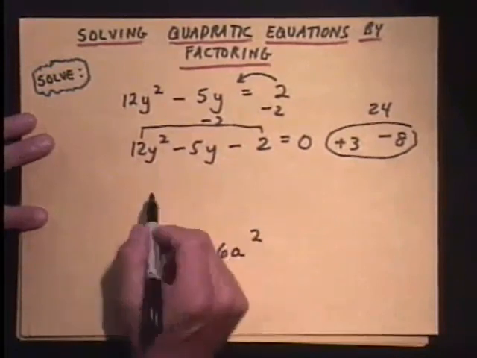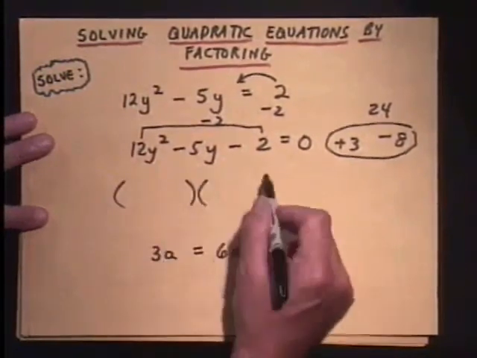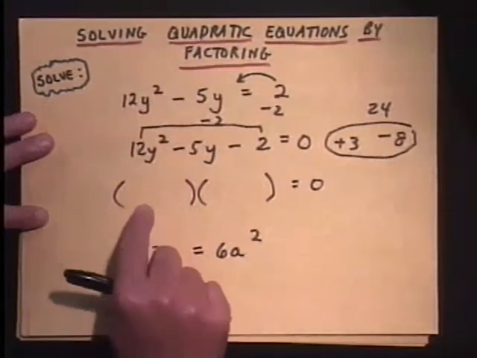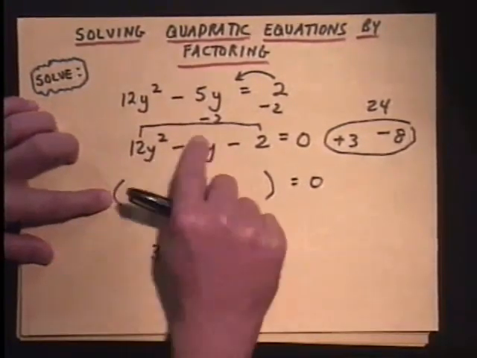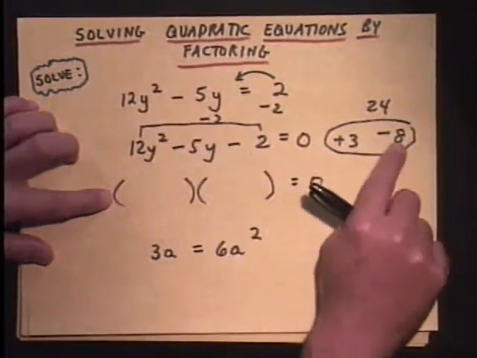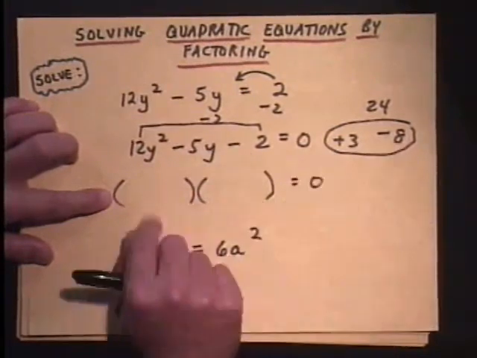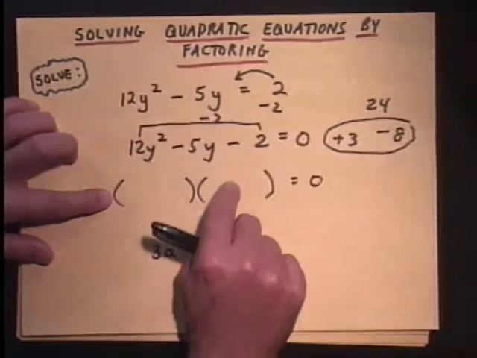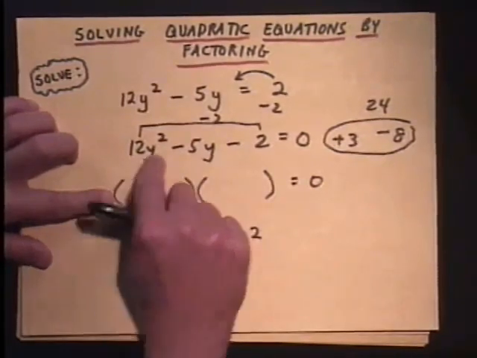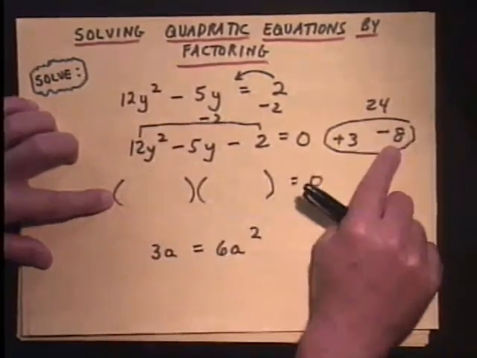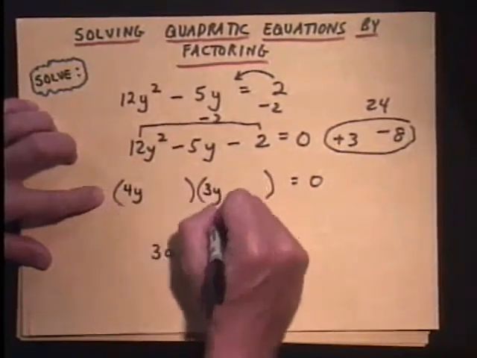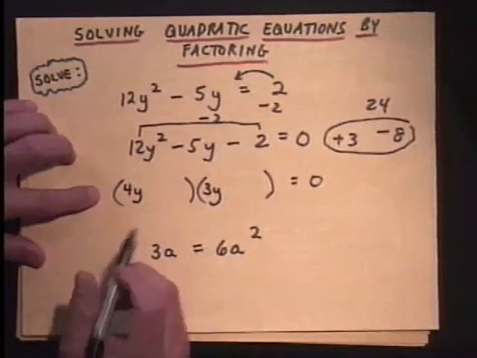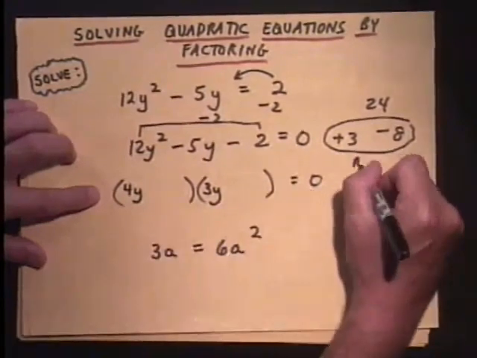All right, so when I go to break this apart, there's some different things we can look at here. We can say 12y, except there's only one problem with that, 12 times nothing gives me one of these rainbow numbers. So let me try again. 6y, 2y. Well, 6 times nothing gives me one of these, so I know it has to be 4y, 3y.